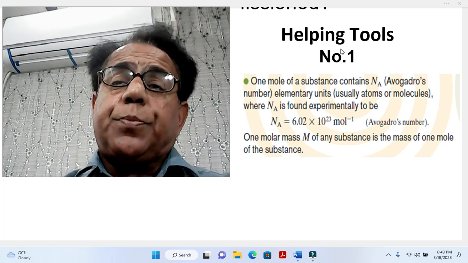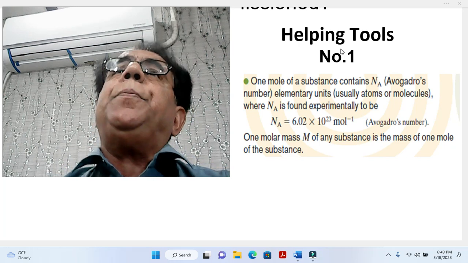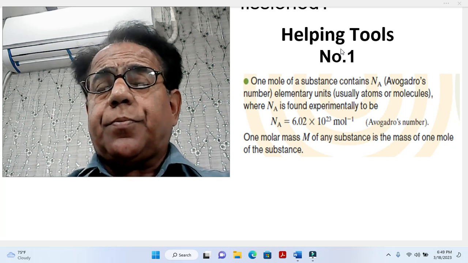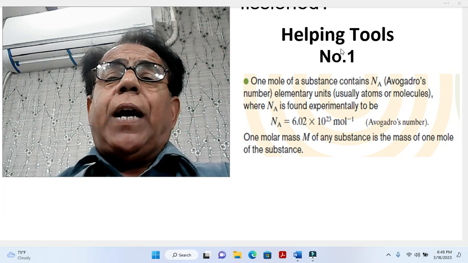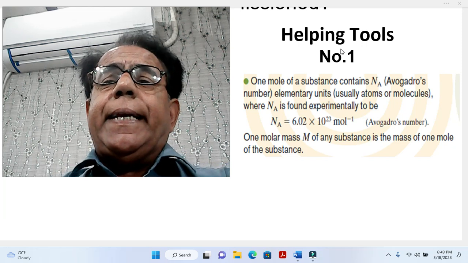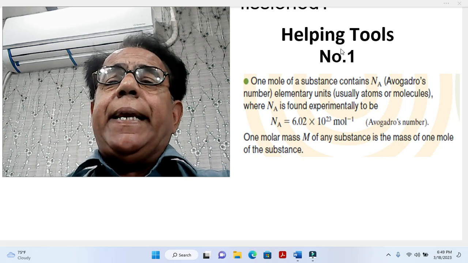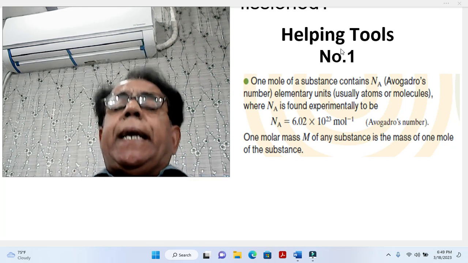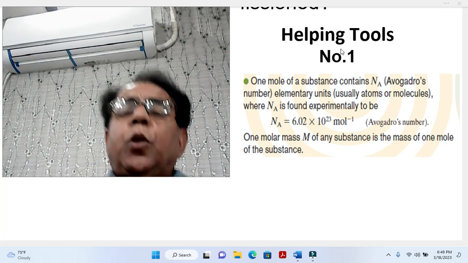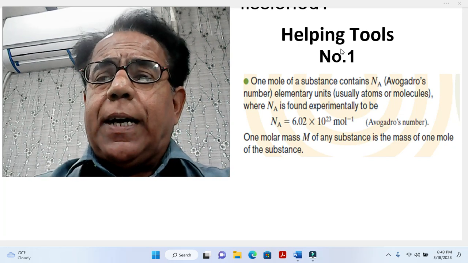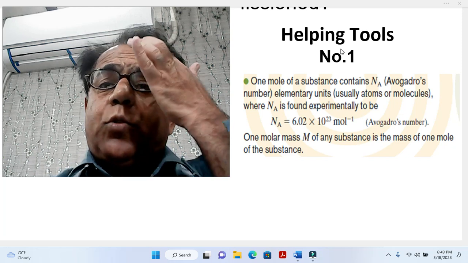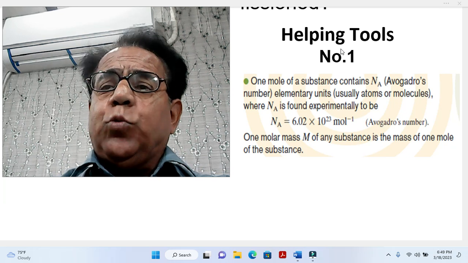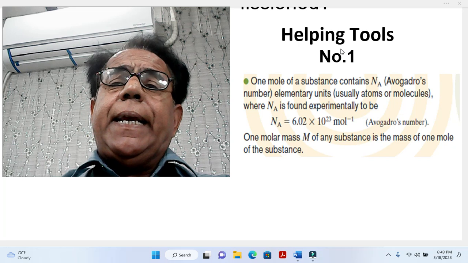We are well familiar with this term from our school level physics. 1 mole of a substance contains Na elementary units, usually atoms or molecules, where A is for Avogadro's and N is for number. Na, A is written as a subscript of N.